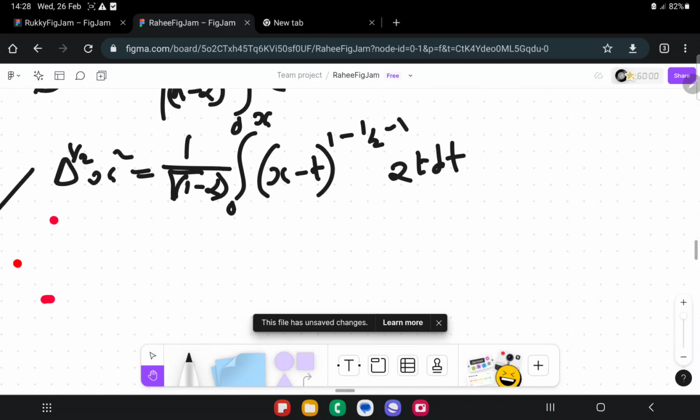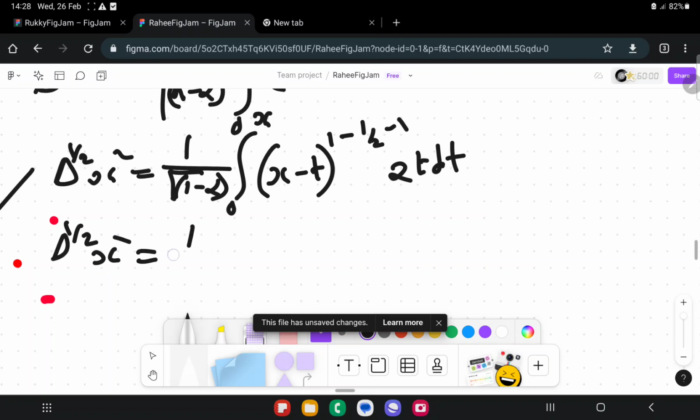Now we are going to express this integral in terms of a single variable. Let's work it out. Then we have this, which is equal to 1 over gamma of half, and we have already established that gamma of half is equal to the square root of pi.